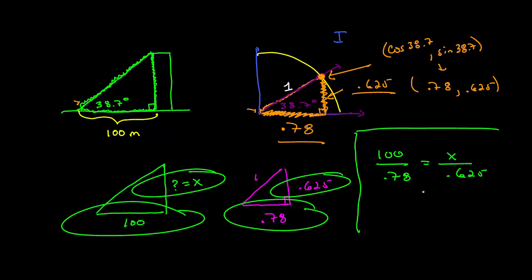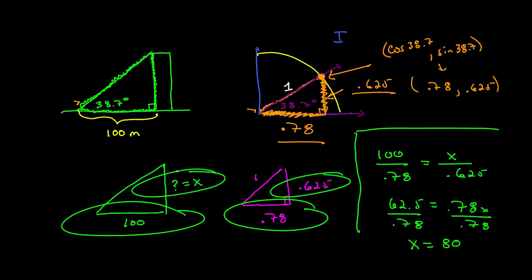So 100 times 0.625 is 62.5. 0.78 times x is 0.78x. So we're going to divide both sides by 0.78. So we'll take 62.5, and that tells me that x is equal to 80.